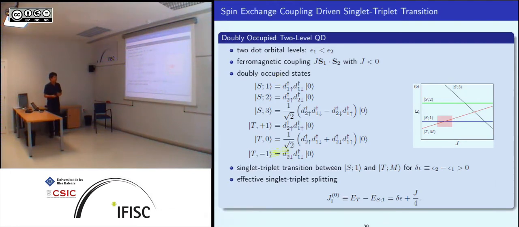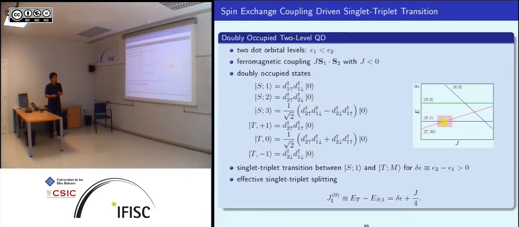Here there are six possible states. Two electrons can form a singlet in orbital 1 or in orbital 2. And each electron can reside in a different orbital level, one in orbital 1 and the other in orbital 2. Then they can form a singlet or triplet.